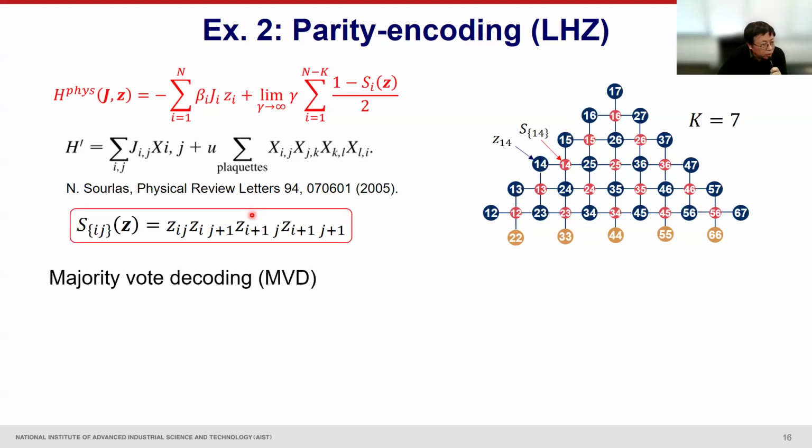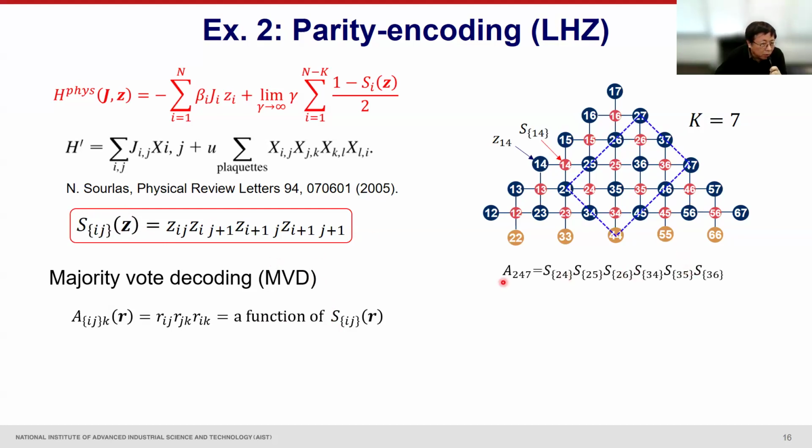Now we consider the majority vote decoding for this system. Orthogonal syndrome pattern is considered to be shown like this, which is a weight 3 product of spin variables. And this A is a function of this S. For example, this component element can be rewritten as this product.